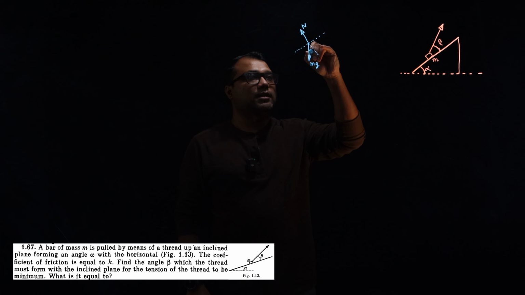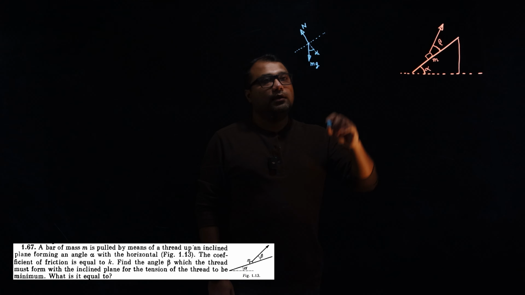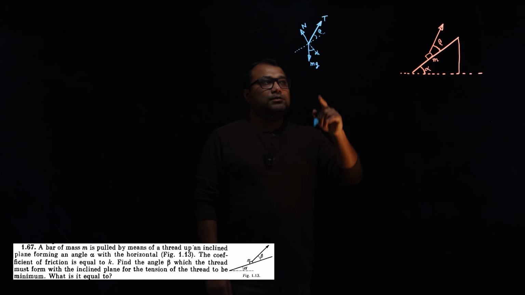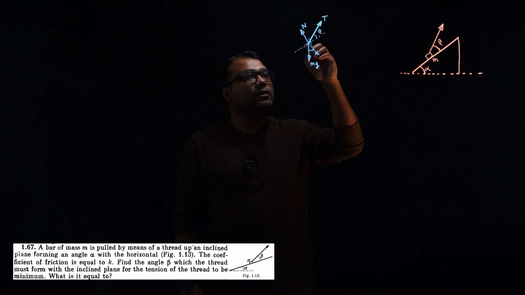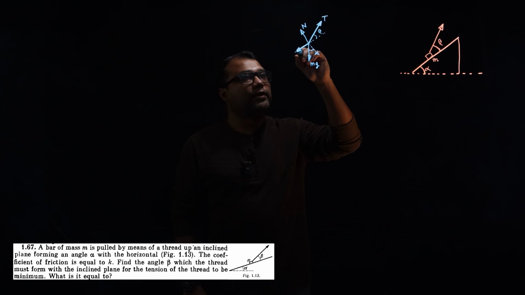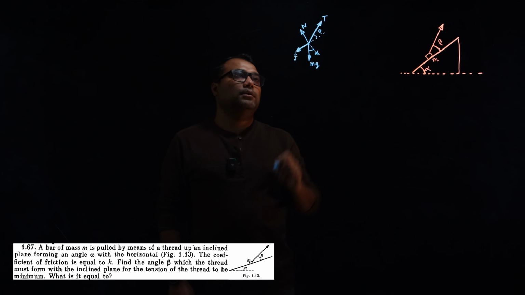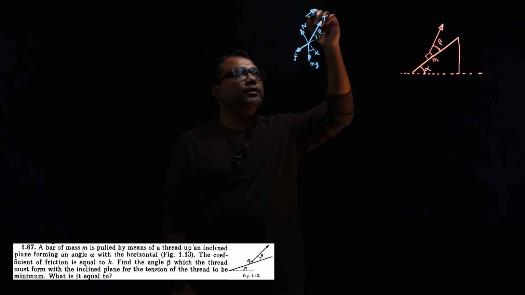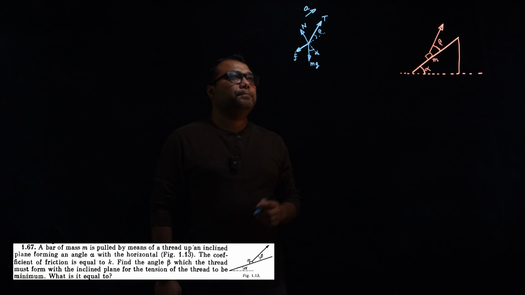If I extend this line, this angle is alpha, and then there is tension in the string. This angle is beta, and since the body is moving up, we can say the friction is this way, and let's say the body is moving up with acceleration a.